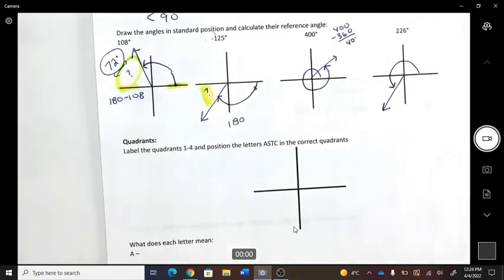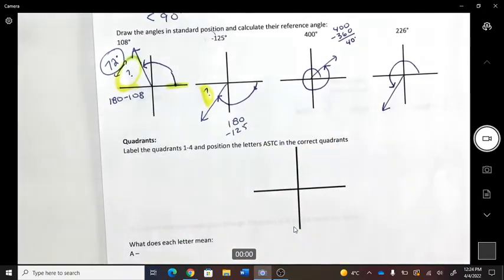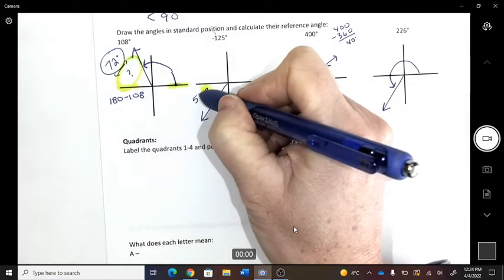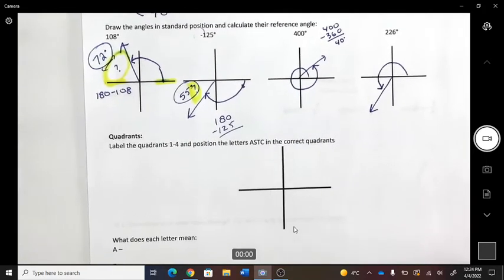The full 180 subtract the 125 is leaving me with 55 degrees. Okay.